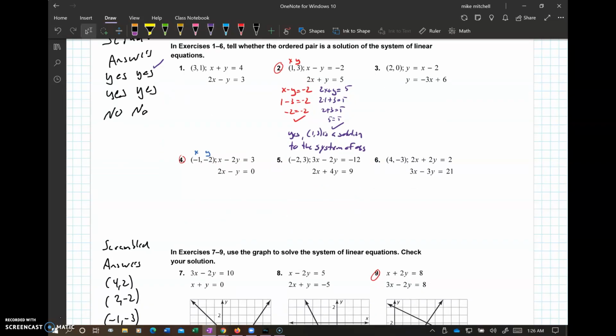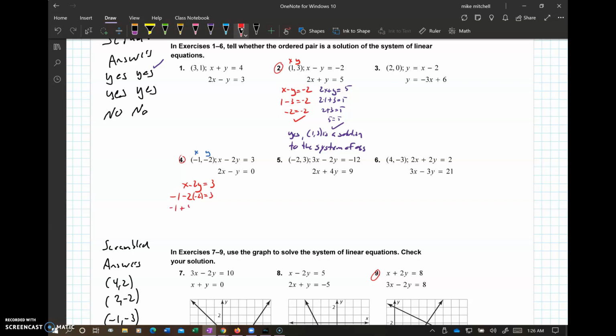Okay, let's jump down here to number 4. Same thing again, label them x and y. Just start plugging it in. So I've got x minus 2y equals 3, so that's going to be -1 minus 2 times -2 equals 3. That's -1.